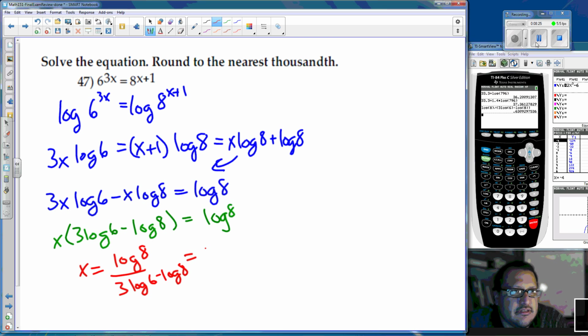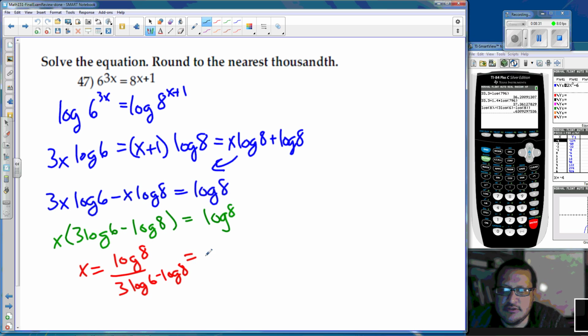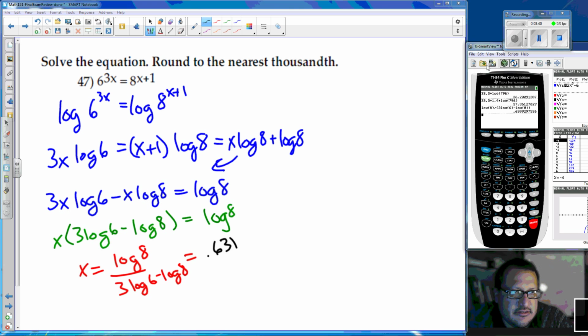It wants the answer rounded to the nearest thousandth, so that is 0.631. Now, to show the point that this is the same if you were to use natural log, we're just going to calculate it right here. It'll probably be faster if I just type it from scratch.